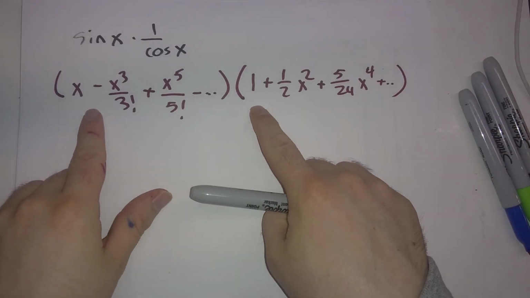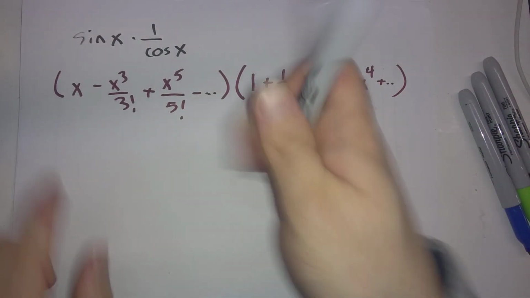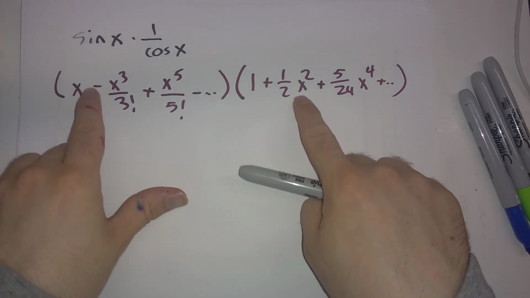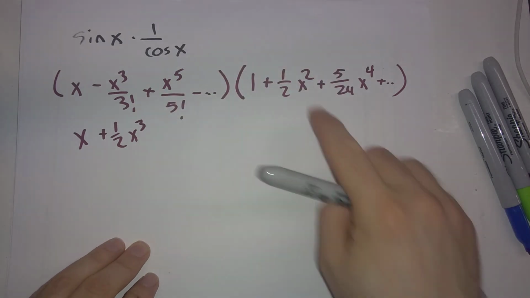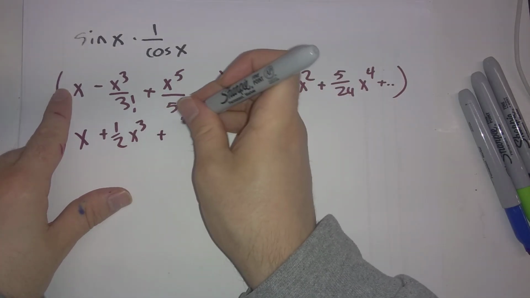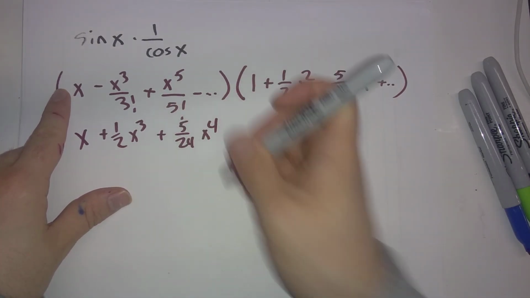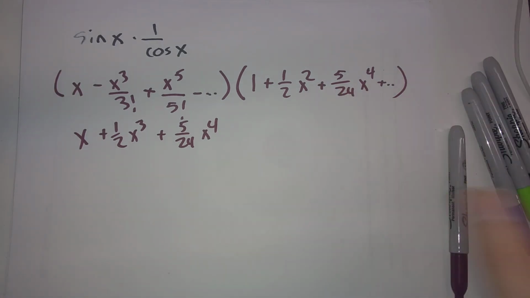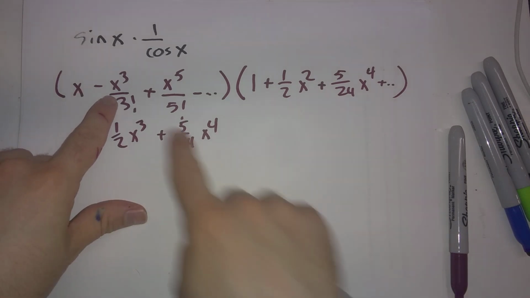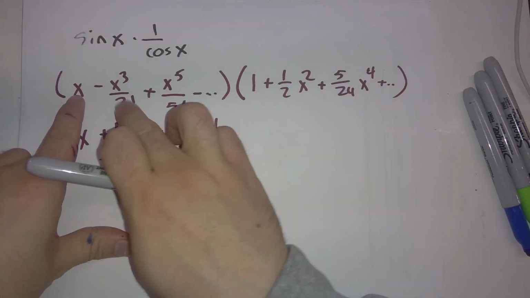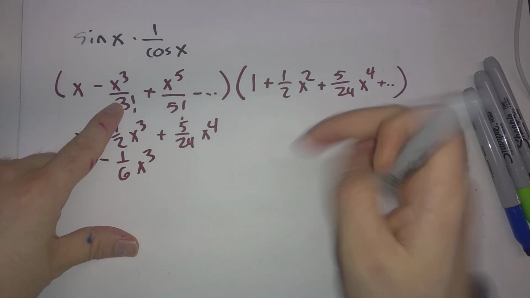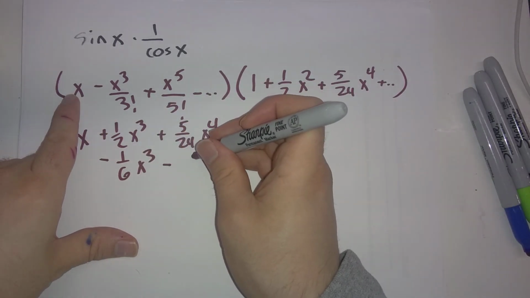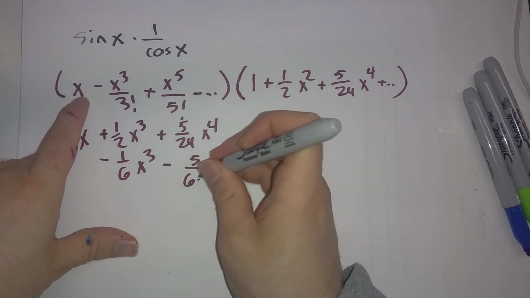And when we expand out this multiplication, x times 1 is x, plus 1/2 x cubed, plus 5 over 24 x to the fifth. Everything else is terms of degree higher than 5, so we don't care about them.